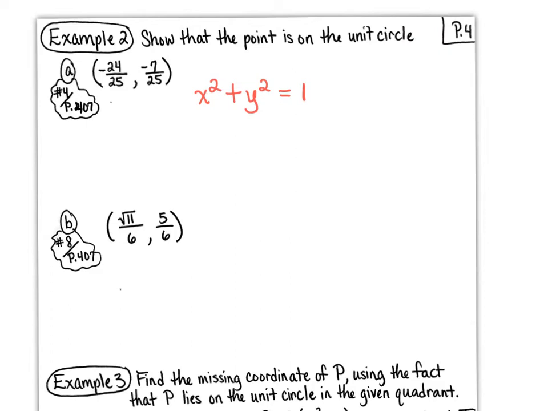Okay, so let's write it out. We would have negative 24 over 25 quantity squared plus negative 7 over 25 quantity squared. What is 24 squared? 576, good. 25 squared is? 625, good.